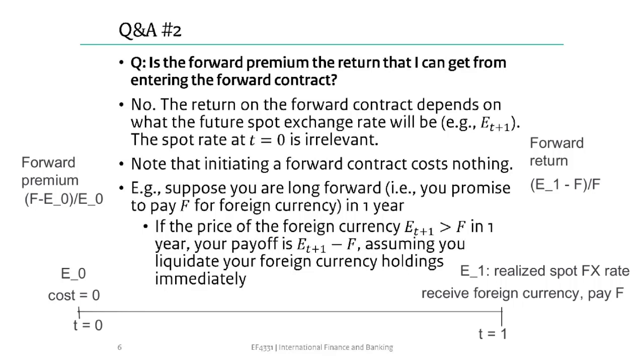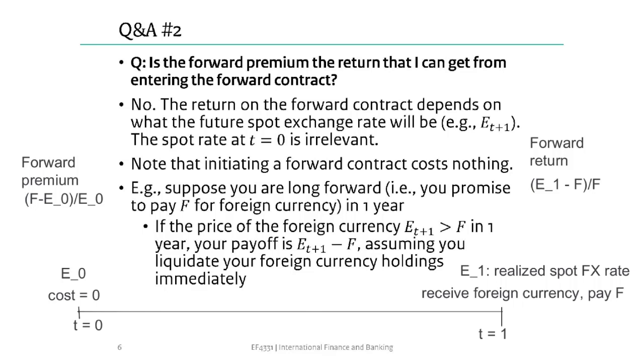And I'm going to do t equals 1 for some time in the future. So if I'm long forward, my forward contract will cost me nothing, but I will receive foreign currency and pay F, right? F is in the domestic currency, whatever that is, say US dollars.